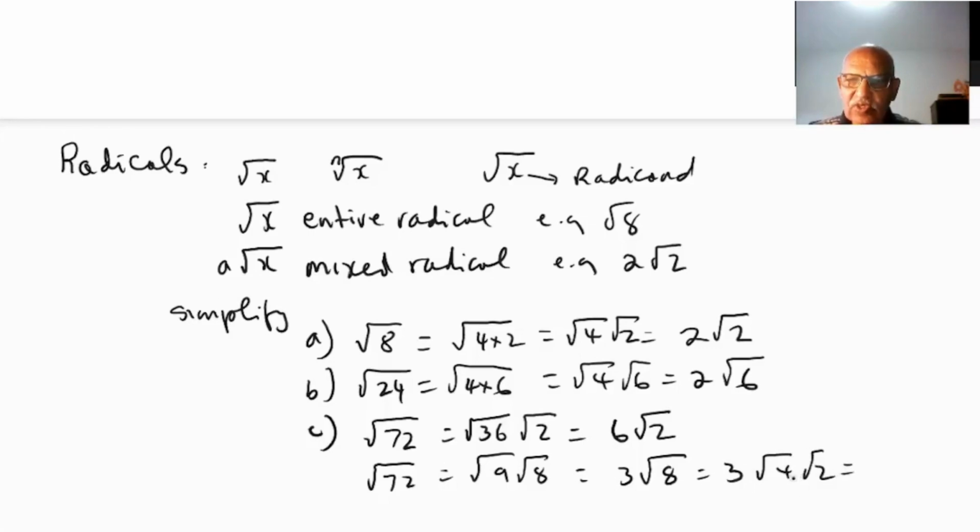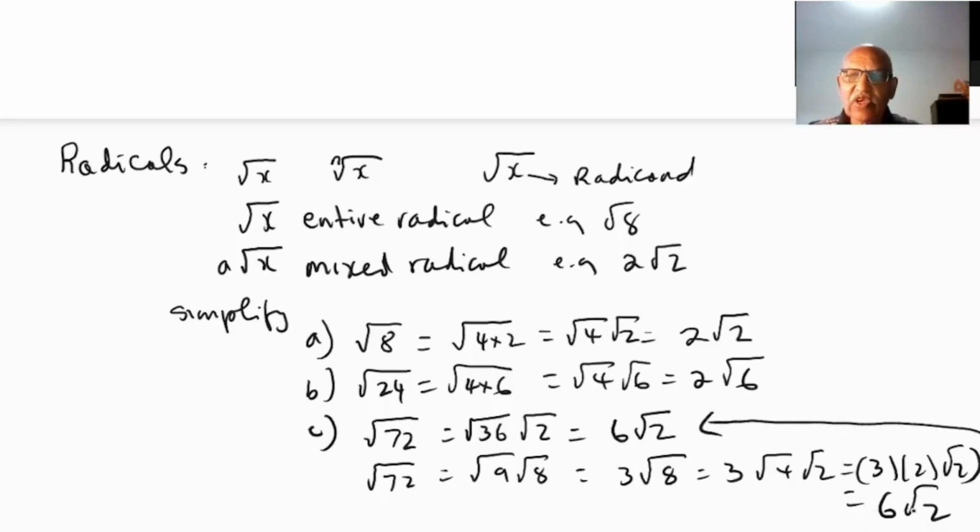Square root of 4 is 2, so 3 times 2 times root 2, which is 6 root 2, which is the same answer as the first one. So if you get right away the highest perfect number, the answer will be shorter, but it's okay to do this one, it's just longer.